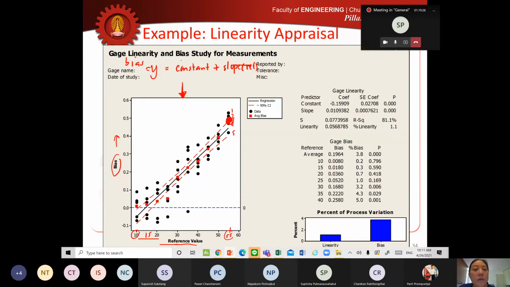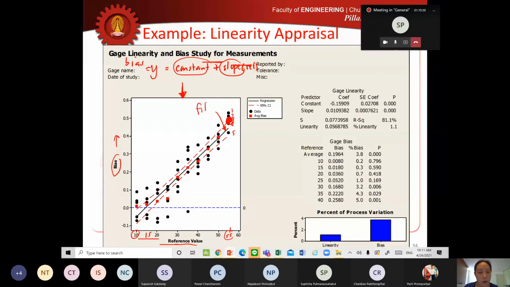So we will need to quantify the constant and slope of this line. Do you see the black line here? This is called the fitted line or regression line.